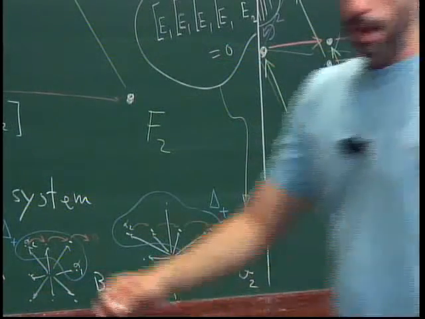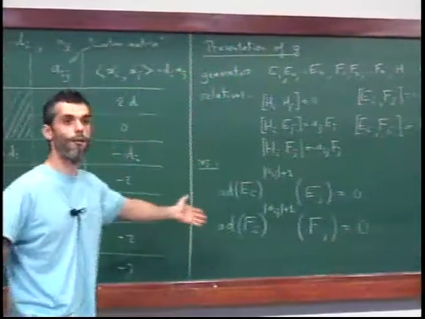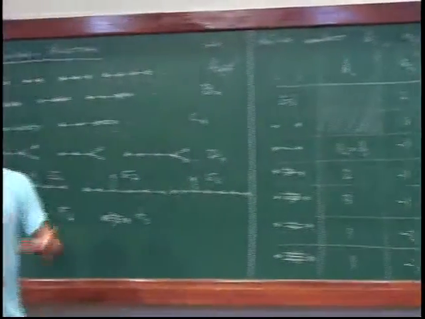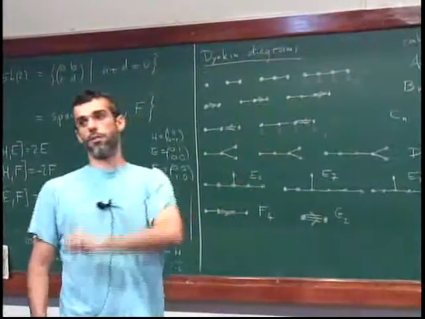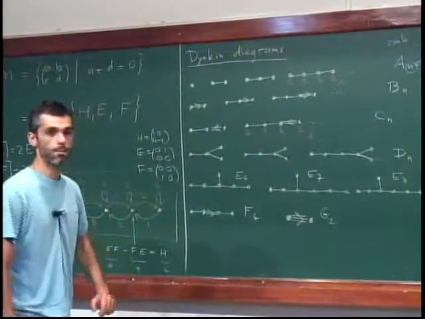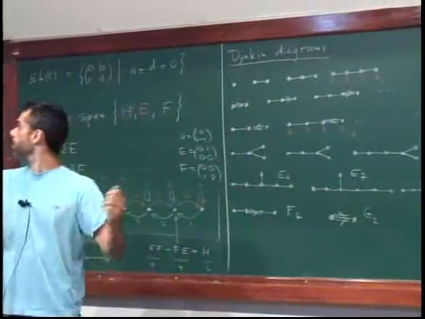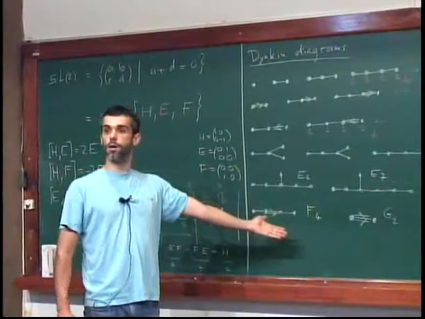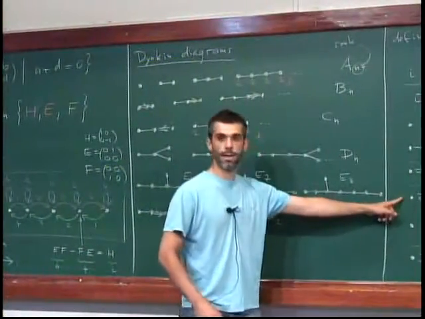Okay, so I have given you a definition of a Lie algebra starting from a Dynkin diagram. And then there is a big theorem that says that these are all the simple finite dimensional Lie algebras. Start with these, and then you get everything. You might ask, what happens if I start with something that's not one of these? Say I put an extra leg here to continue and make E9.